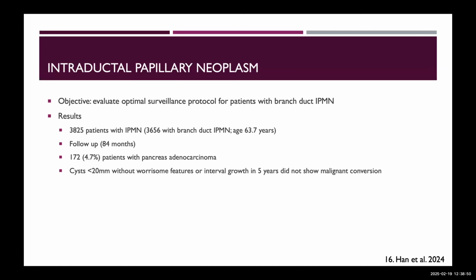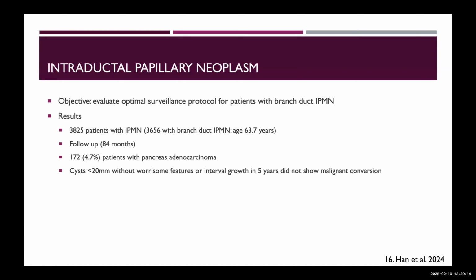In contrast to this, when you look at this study done, I believe, in China or Korea, this looked at 3,800 individuals with IPMN, most of which were branch IPMNs. Average follow-up was 84 months. And they noticed that only 4% of individuals developed pancreas adenocarcinoma out of this group.